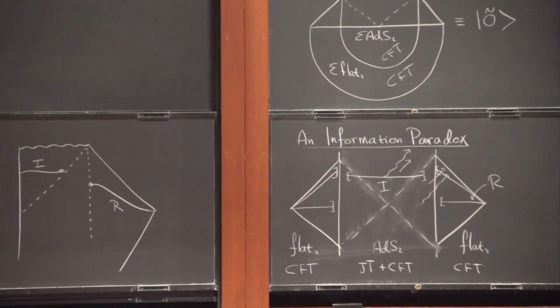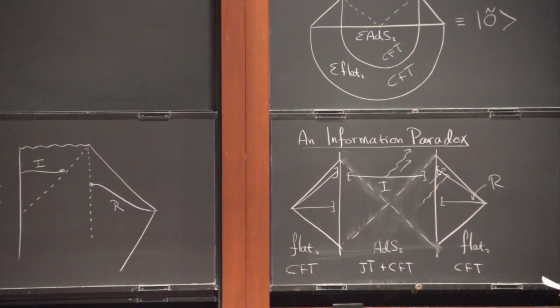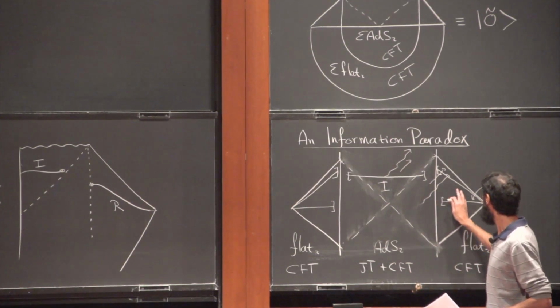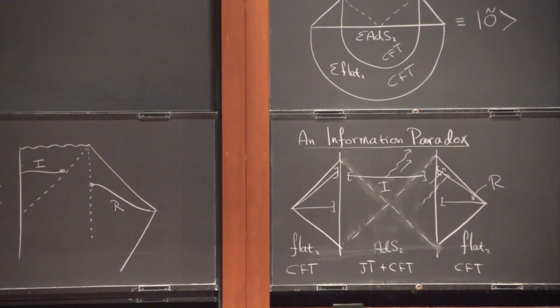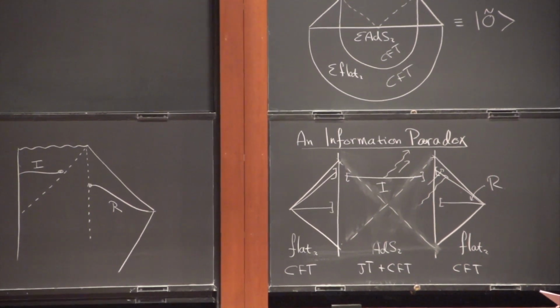There's an annoying issue here, which is that the island requires us to compute the entropy of R union I. That's a 2-interval entropy calculation, which is not universal.